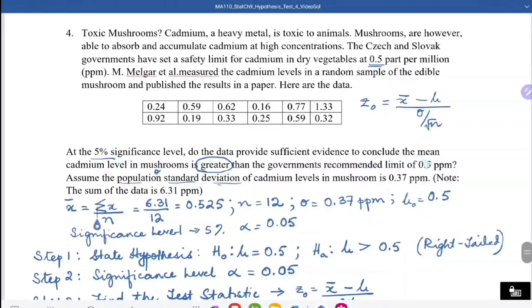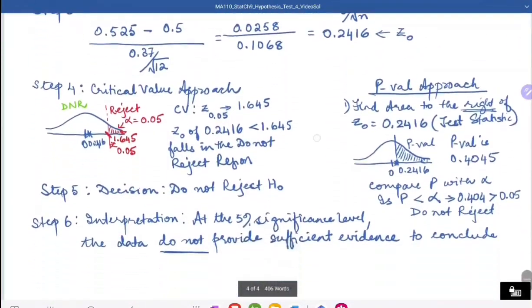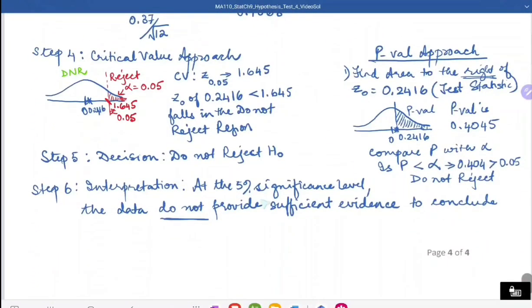To conclude, everything that comes after 'to conclude', the mean cadmium level in mushrooms is greater than the government's recommended limit of 0.5 ppm. So you can just use the same wording as the question. That way you do not have to think how to phrase this.